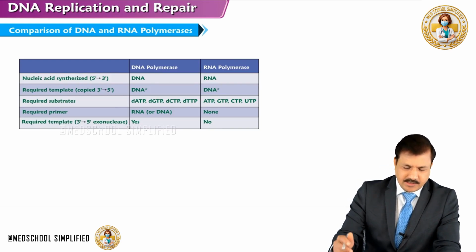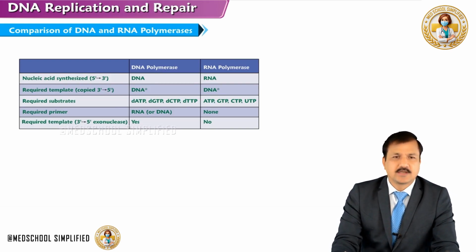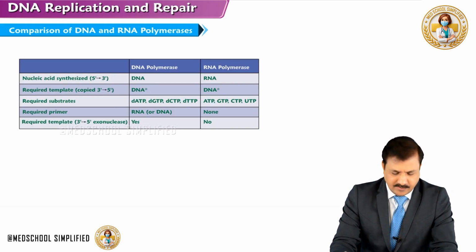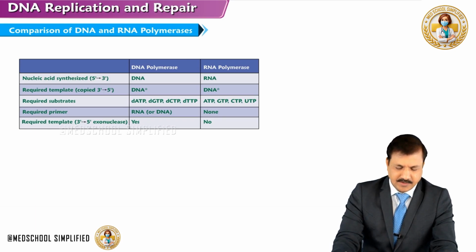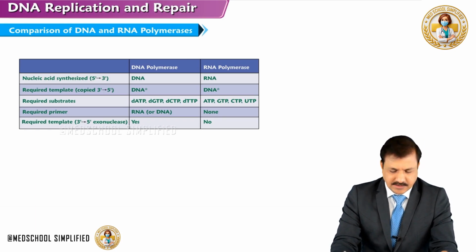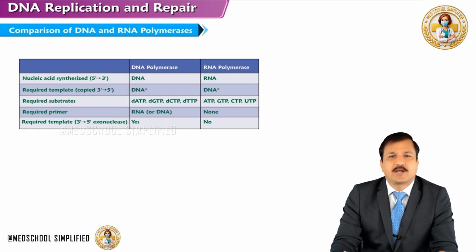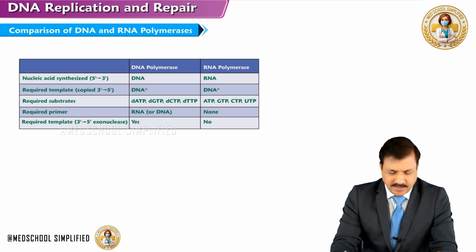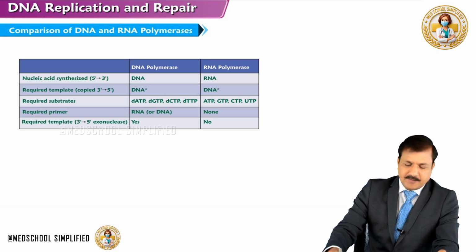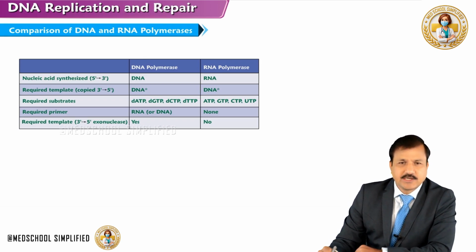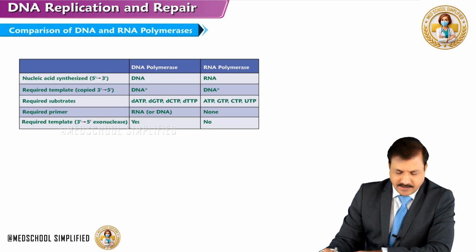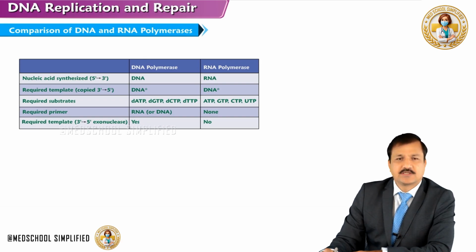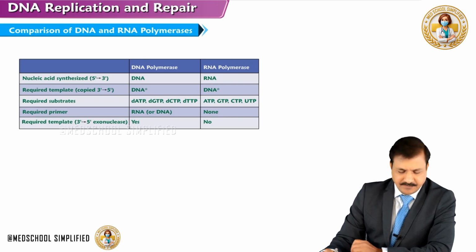Now here is the table that compares DNA and RNA polymerases. As you see, the nucleic acid synthesized in the 5' to 3' direction by DNA polymerase is DNA, and by RNA polymerase it is RNA. The template requirement for both DNA polymerase and RNA polymerase is DNA, which is read in the 3' to 5' direction.